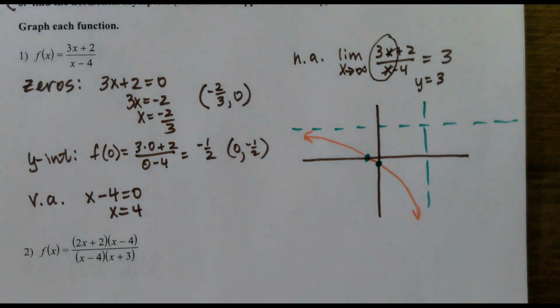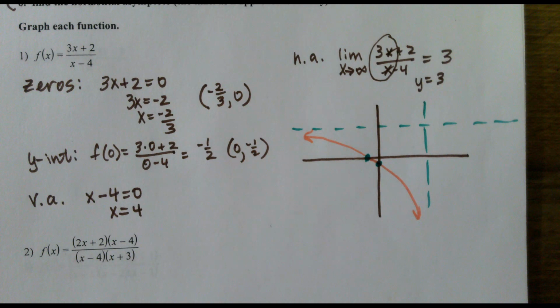I just know where my end behavior is, and it's going to approach that horizontal asymptote on the far left. On the far right, I'm not going to have a piece of this graph above here, because then it's not a function, it fails the vertical line test. So I took up this side. So I have a left piece, I have a right piece.